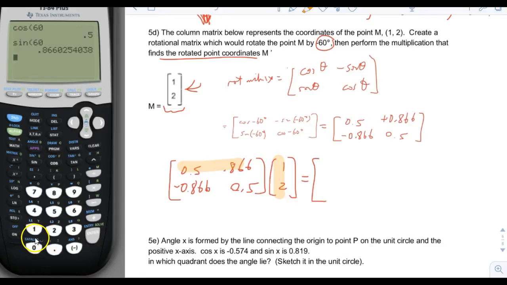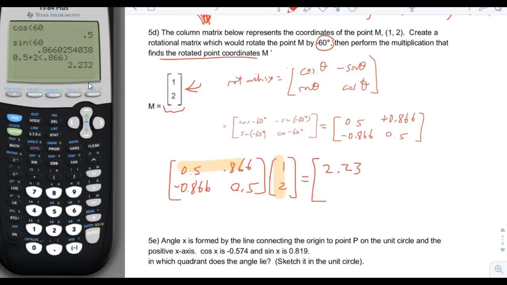I'm going to have to do that on the calculator. 0.5 plus 2 times 0.866 is 2.23. Oops. So the first one's going to be 2.23.